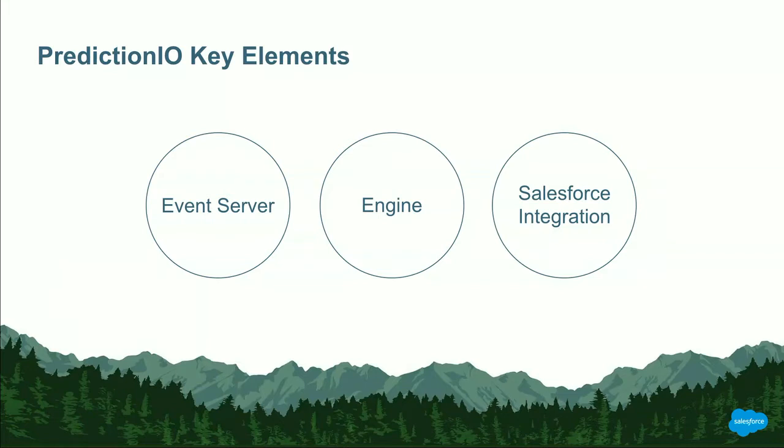The second part is the engine. That is basically where the logic, the algorithms, and all the machine learning is, and of course it interacts with the event server. The last part is what the user actually sees. That is the Salesforce integration, because the user will be using Salesforce, and they will then interact with the engine to get the recommendation.